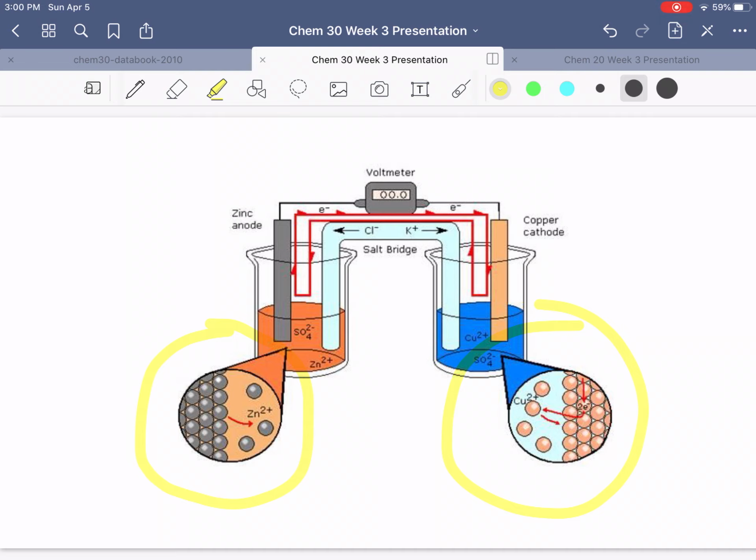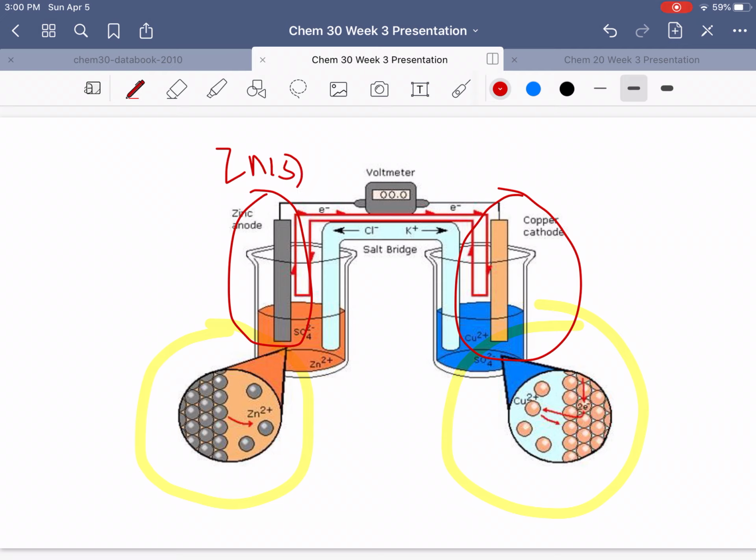Now think about the observations that would come from this. Consider what would actually be seen. If you were to take the mass of the zinc electrode before you start the reaction and then afterwards, the zinc solid is going to go down in mass because it's being reacted.